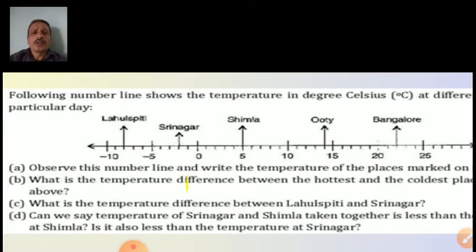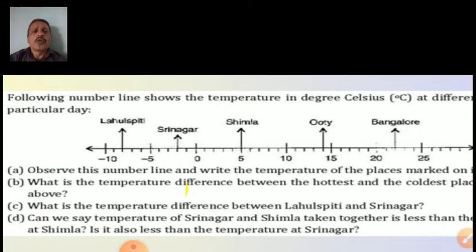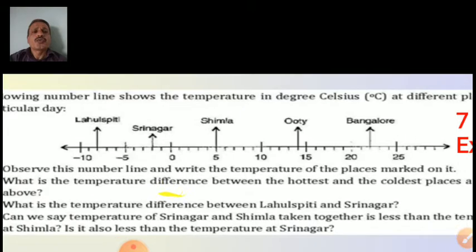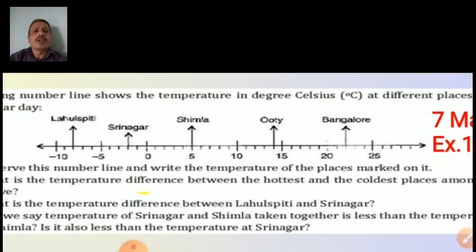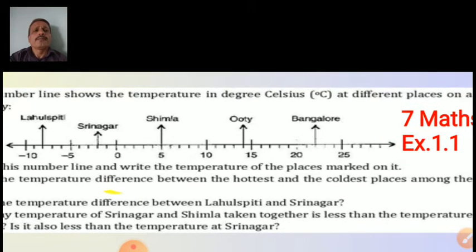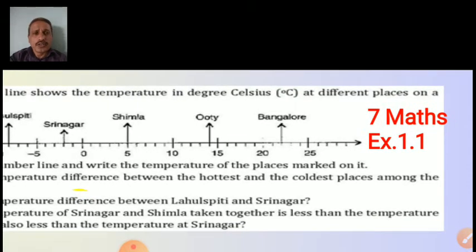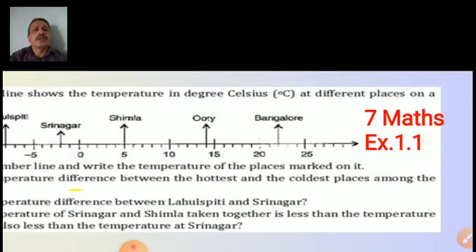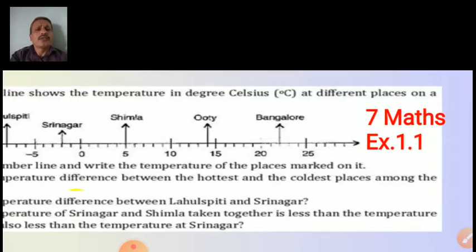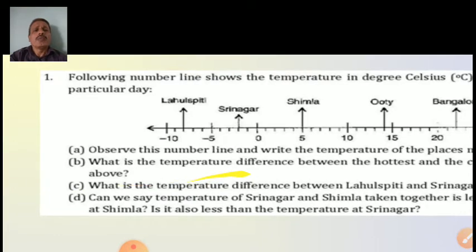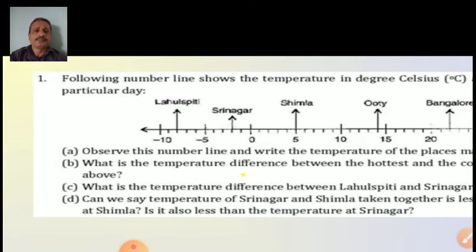I will read out the question. The following number line shows the temperature in degree Celsius at different places on a particular day.